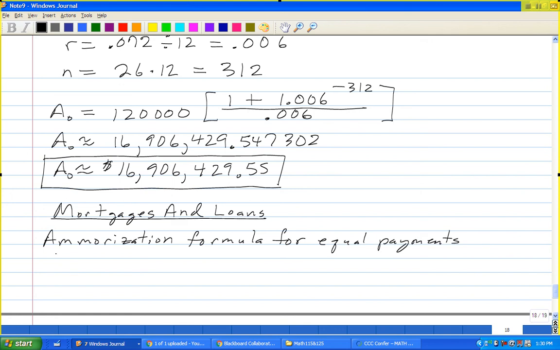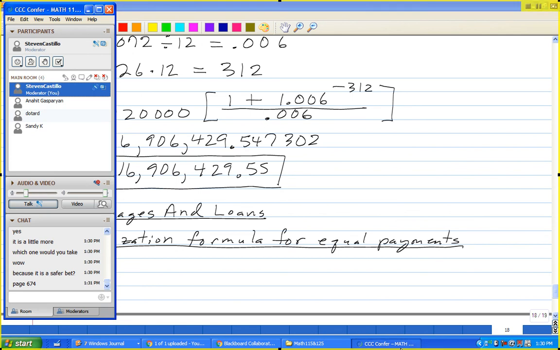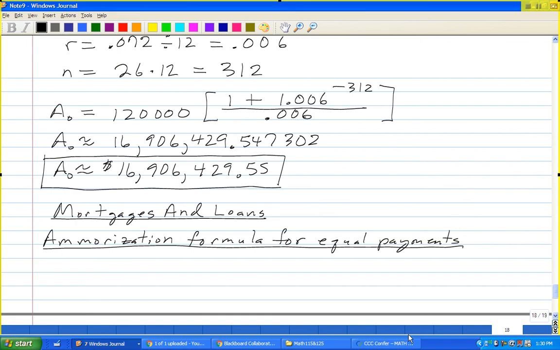Yeah, it's a safer bet. Yeah, paid 674. Not only that, you can also make investments with that also.